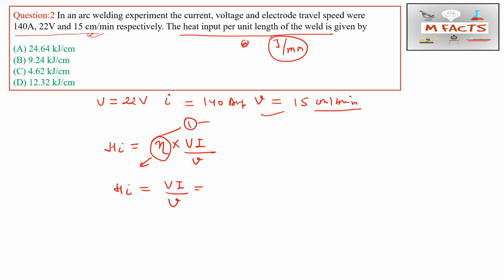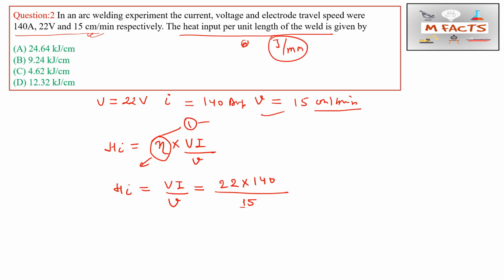So I am writing here: this V value is 22, this I value is 144. This is in volt, this is in ampere, and this v is in centimeter per minute, which is 15.